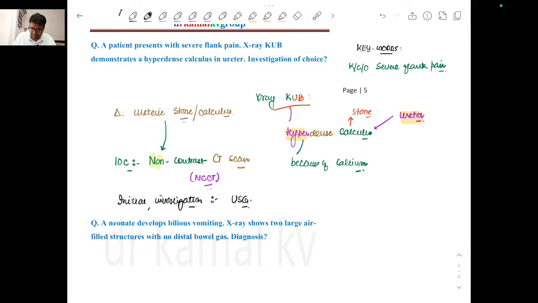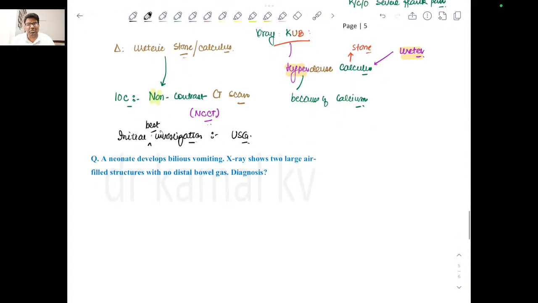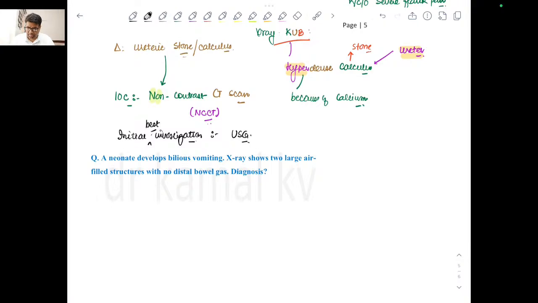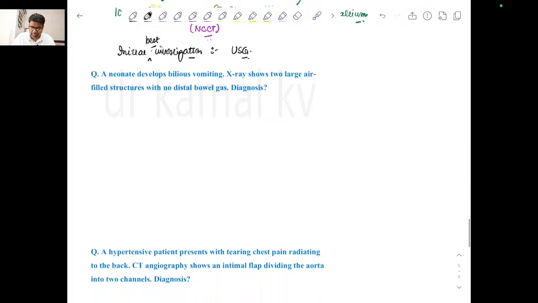So initial best investigation, we go for ultrasound because we know that there is no radiation hazard, but with CT scan there is radiation hazard. So CT scan is not preferred straight away. Better go with USG. If USG is inconclusive and patient is having symptoms of ureteric calculus, then we can go for non-contrast CT scan, right? So this is the approach.